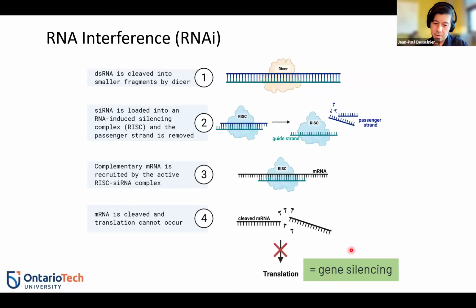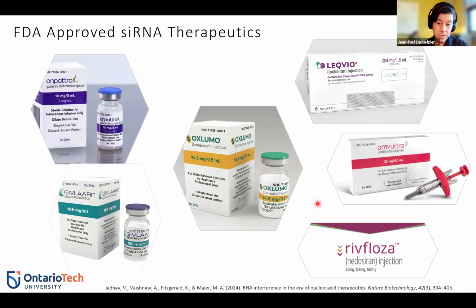And then we get no translation of the protein and hence gene silencing. This was first reported by Fire and Mello in 1998, and it's been really the thrust of a lot of pharmaceutical successes in recent years. So since 2018, there have been 6 US FDA approved siRNA therapeutics, so about one per year.